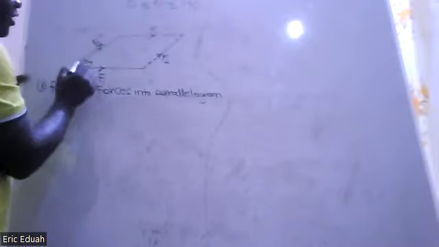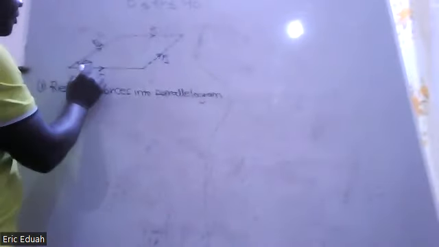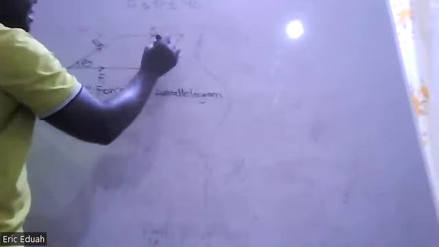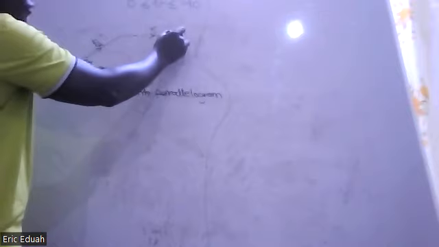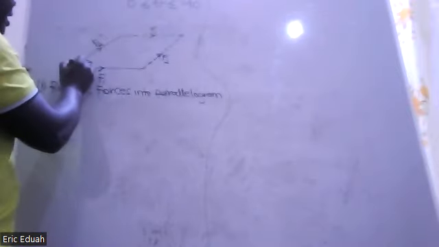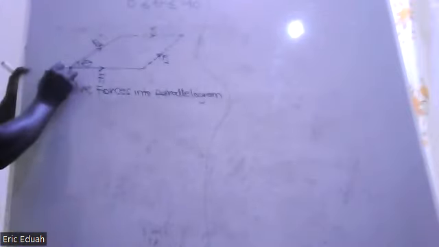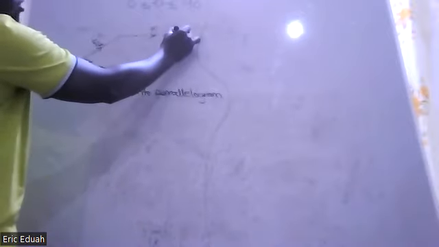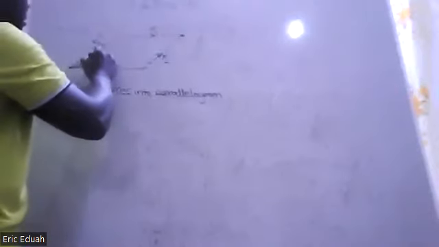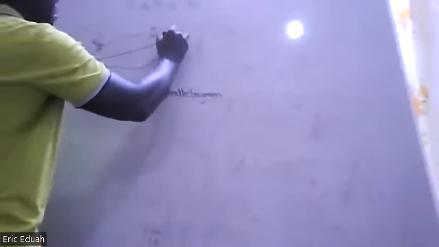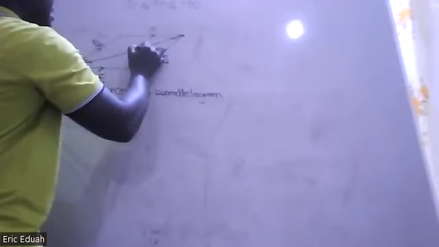So you realize that this plus this is coming here, this is going. So you could see that if this and this follow a sense of order, then when I draw a line from the tail of F1 to the head of F2, it will give me the result. So this line becomes the resultant.